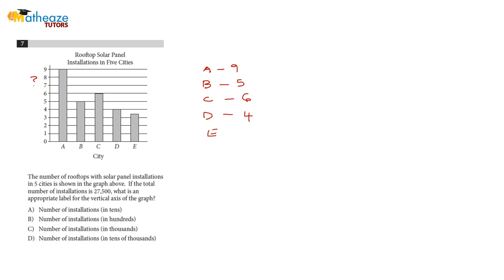And for E, we have 3.5. So 9 plus 5, that's 14. Plus 6, we have 20. Plus 4, 24. Plus 3.5, we have 27.5. But we're told that we have a total of 27,500, which corresponds to 27.5.